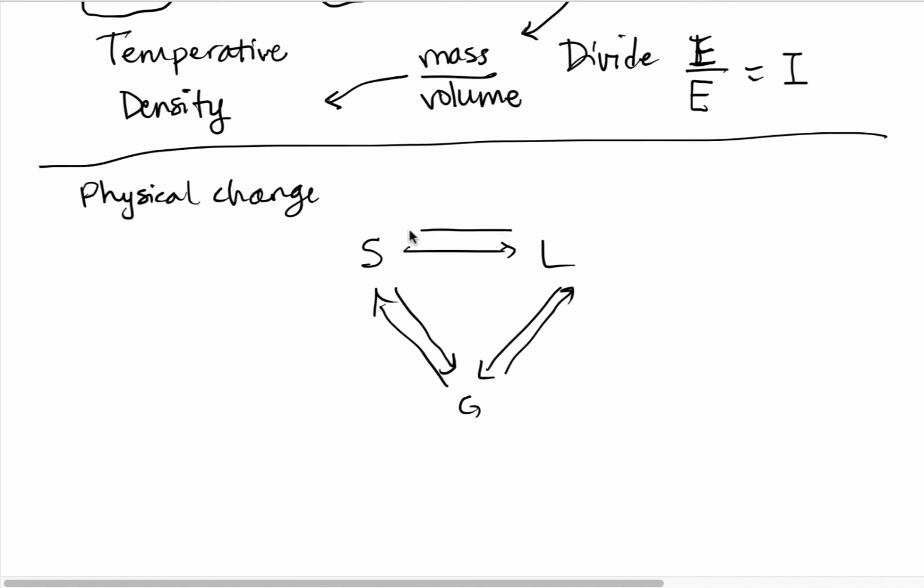These are all of our physical changes. Well, they're the main ones that we're going to focus on. Any of these different physical changes are reversible for any given material. So if I take a solid and I turn it into a liquid, then if I freeze it again, it's going to have the same exact physical properties that it had before. So any of these physical changes are going to affect some of the physical properties, but never in ways that are permanent.